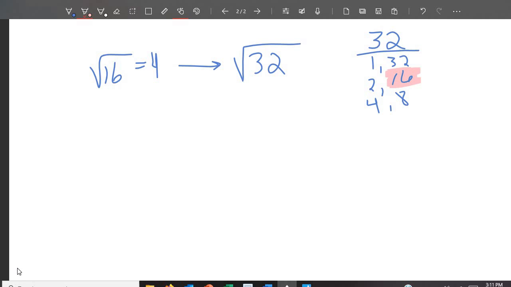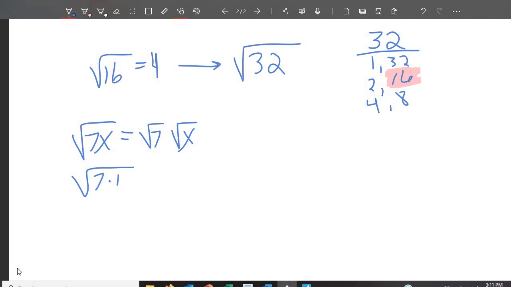There's a rule when we're working with radicals that says we can take something under the square root symbol and break it apart and take the square root of each piece separately. That's a rule. So if I had, I don't know, 7 times 11, I could break that up like this.